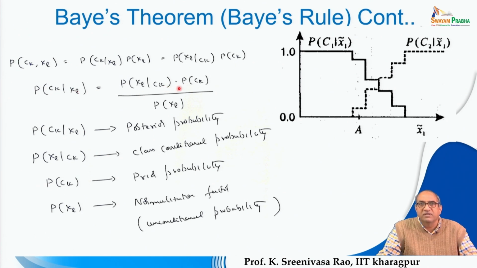Likewise, probability of x given Ck is the probability density function of the feature vectors conditioned on a class, so it is the probability density function with respect to a specific class.